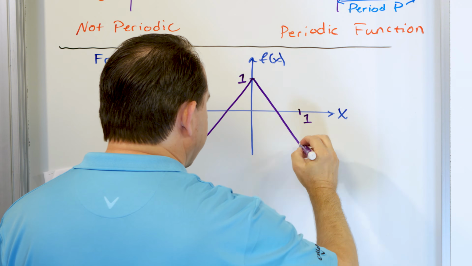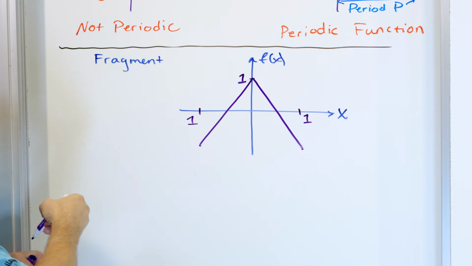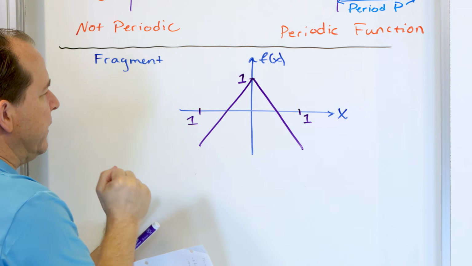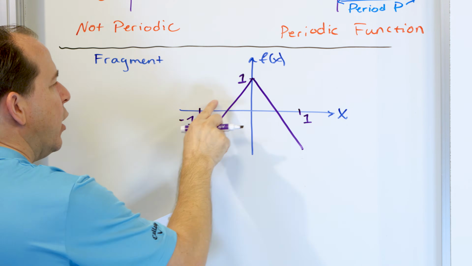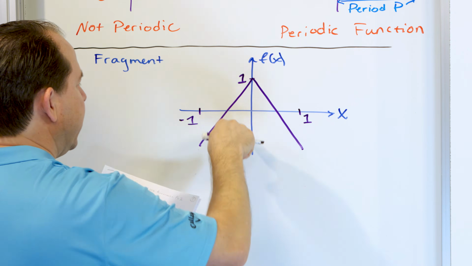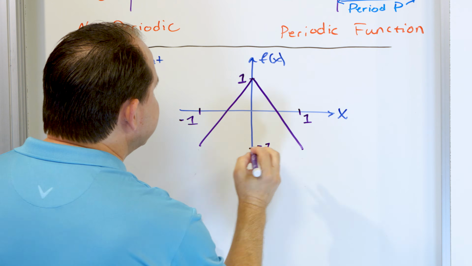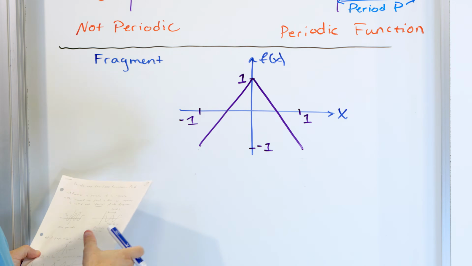Actually, I want it to be more like down here, so I erased that little dot down here. So this is a snippet. So I've graphed a function from -1, whoops, this should be -1, sorry about that, -1 over to +1, and it goes up to a value of +1, and you could say this is a value of -1 down here, like this, and this is a snippet of a larger function.